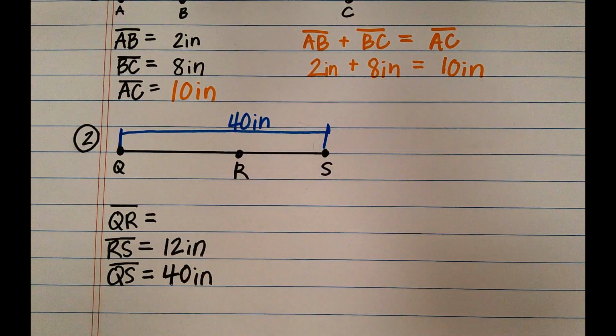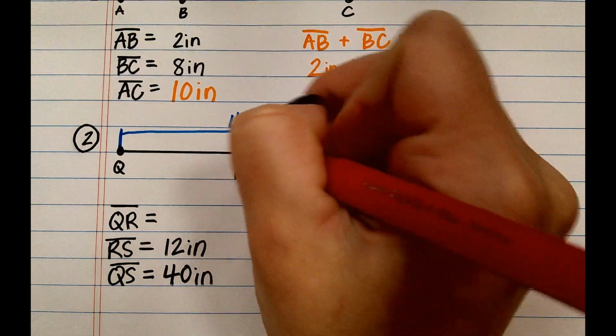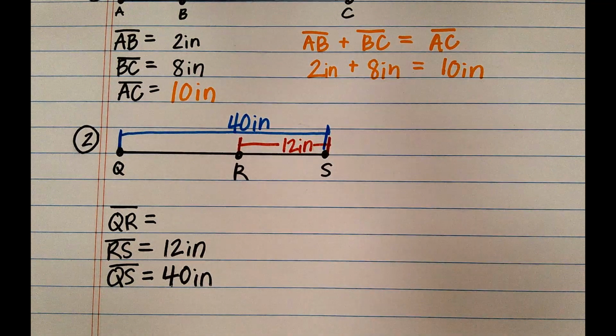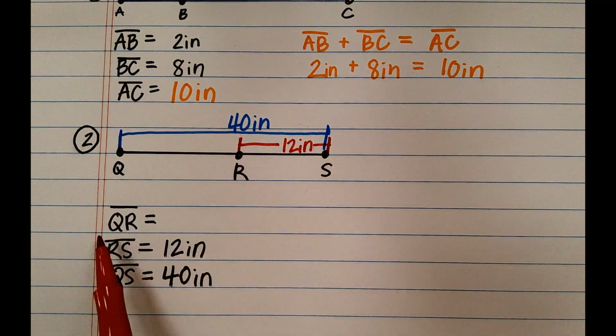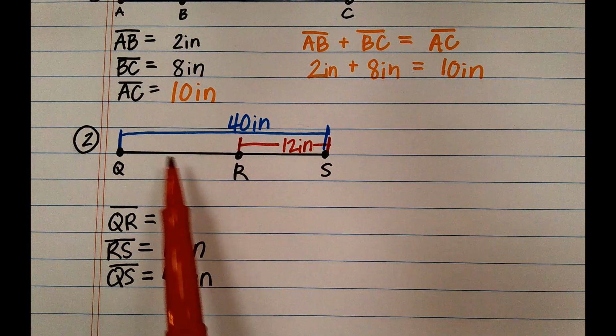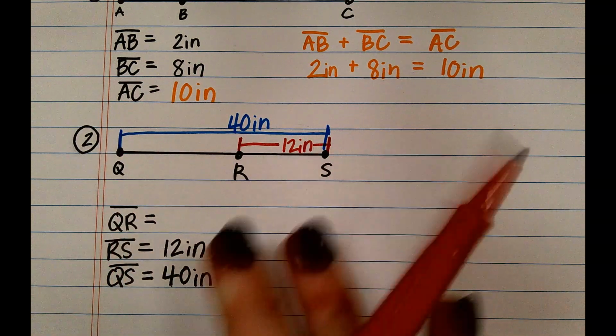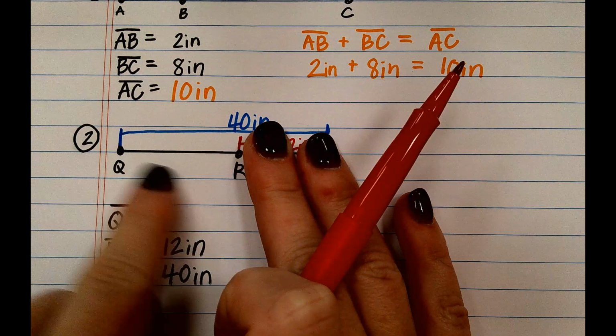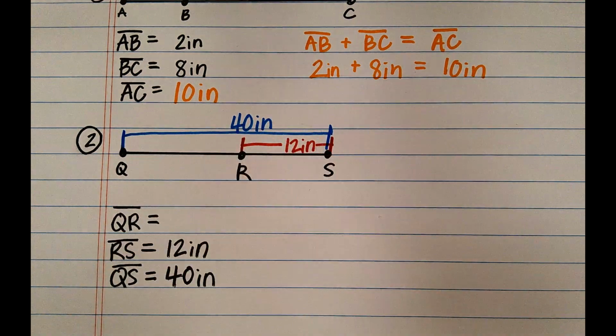So let me get a different color here. From R to S is 12 inches. So to find QR, we're just finding the difference. If the whole is 40, we take away that 12, whatever is left is our answer. So what is it? 28. 28. Okay.